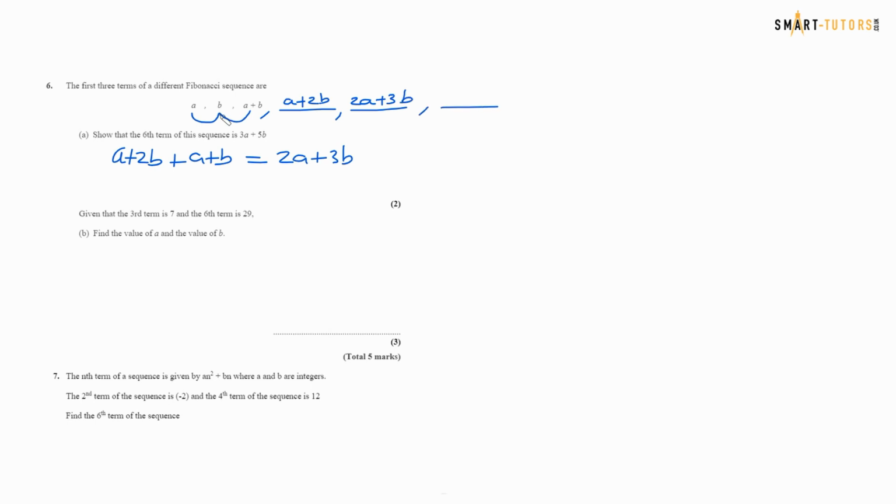Now the 6th term is 2A plus 3B plus A plus 2B, which is 3A plus 5B. So if you put this as the 1st term, 2nd term, 3rd term, 4th term, 5th term and 6th term, we have proved the 6th term is 3A plus 5B.